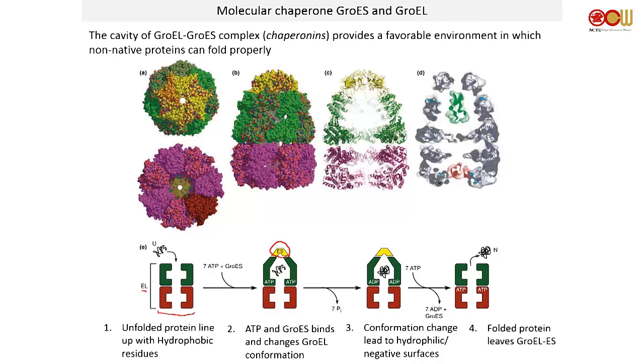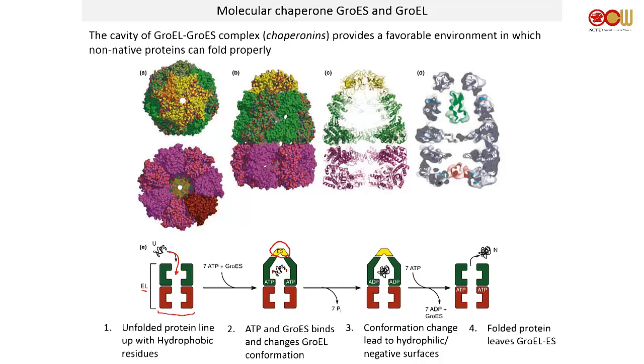So what do you do? You have a misfolded or unfolded protein like this, and it's unfolded. And what your GroEL and GroES can do is it's going to grab the unfolded protein into your GroEL, and then you can line up the hydrophobic residues. You can line them up, okay, so they interact. They have very good interactions between the chaperone and your protein.